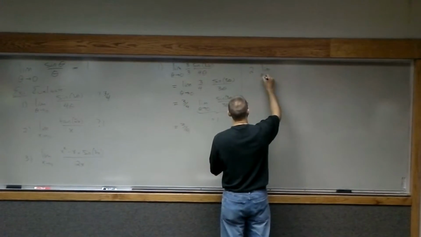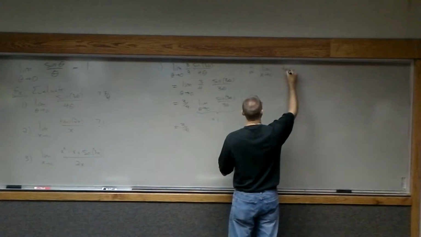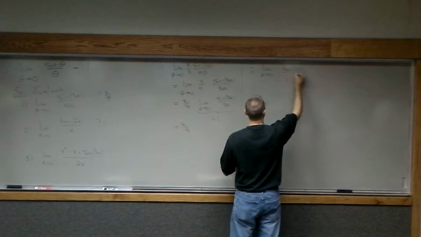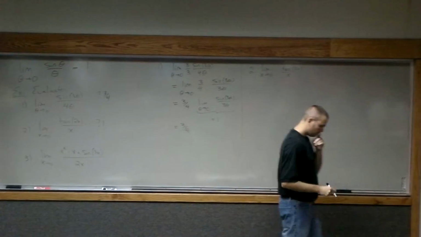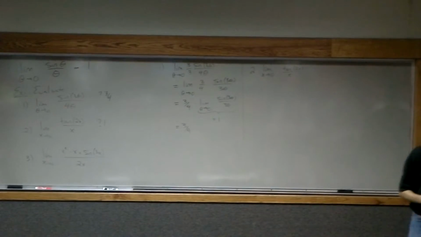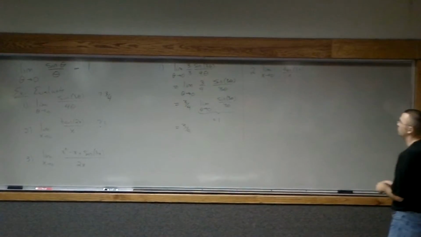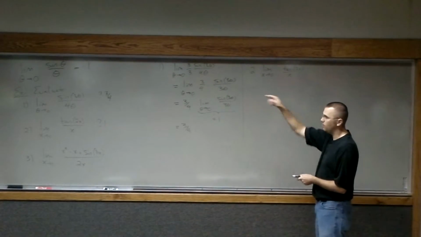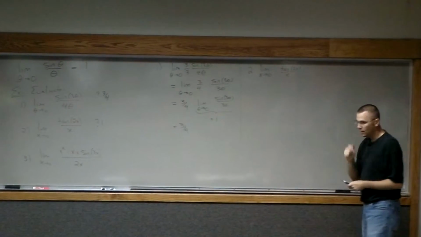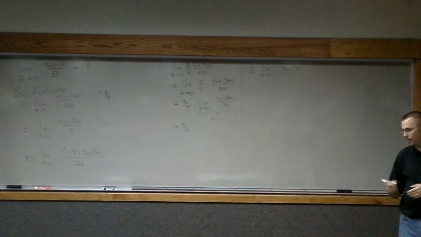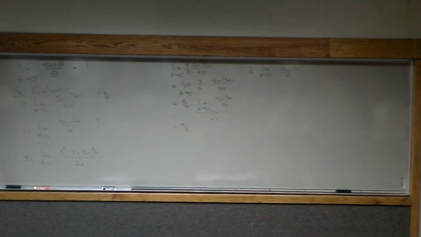Limit as x goes to 0, tangent of 2x over x. In some way, what I need to ultimately do is utilize that limit at the top over there. I need to somehow get a sine of something divided by that something in order to really make an evaluation of this limit.